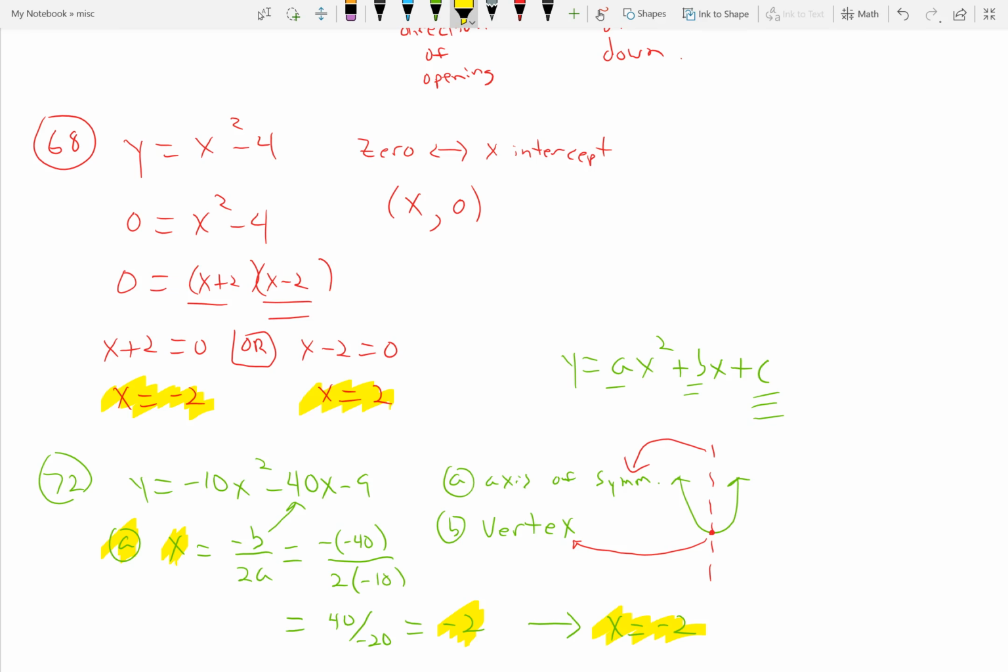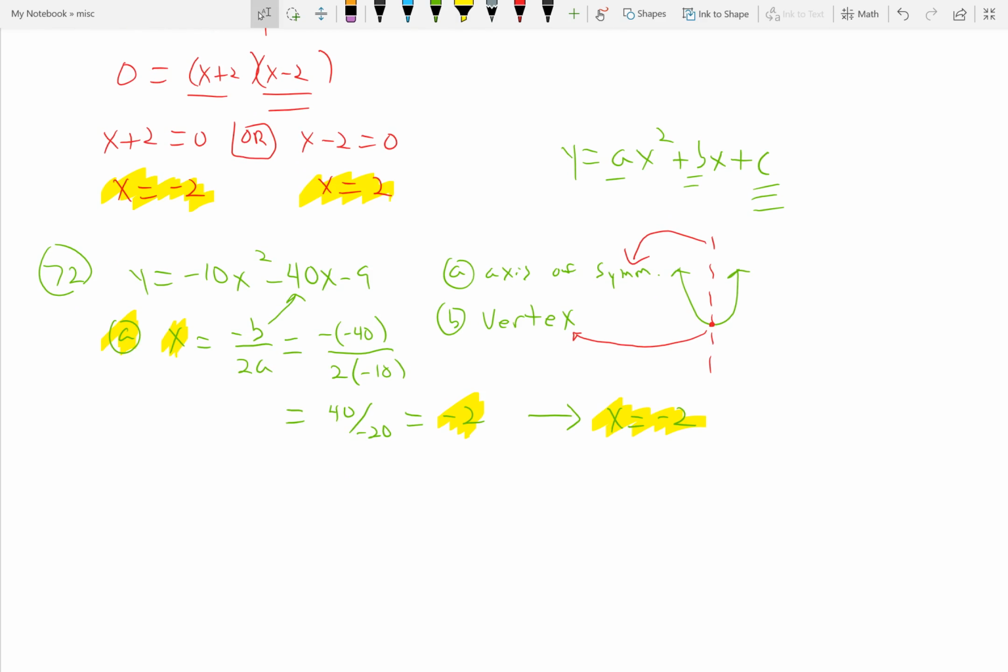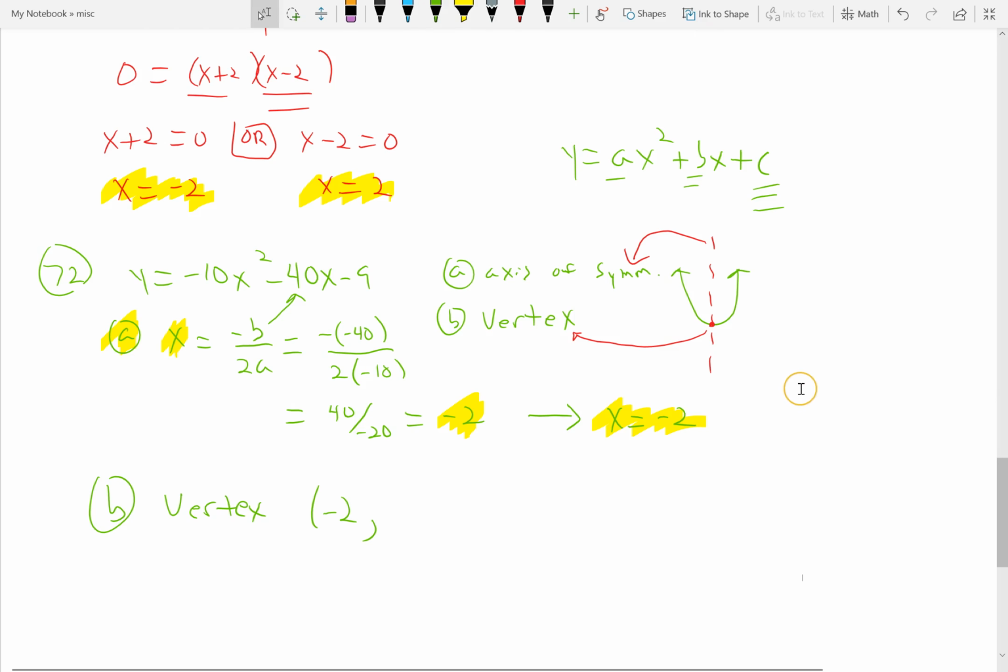All right, B part. The vertex, well, the axis of symmetry passes through the vertex, so they have the same x value.